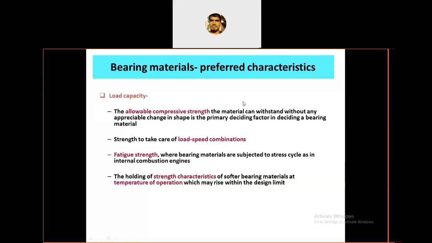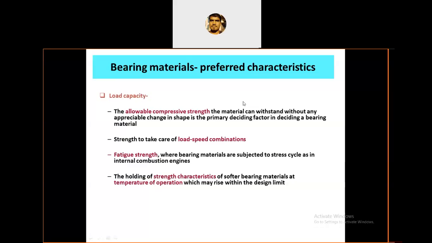But in the bearing material, if any dimension or shape changes, it may lead to direct contact between the two surfaces, then friction, then wear, then failure of the component. Clear? So it must withstand very high compressive strength.